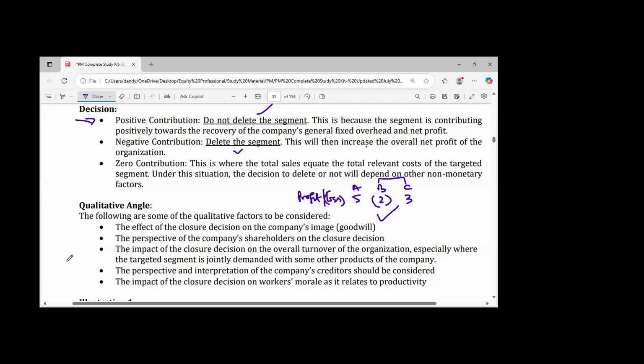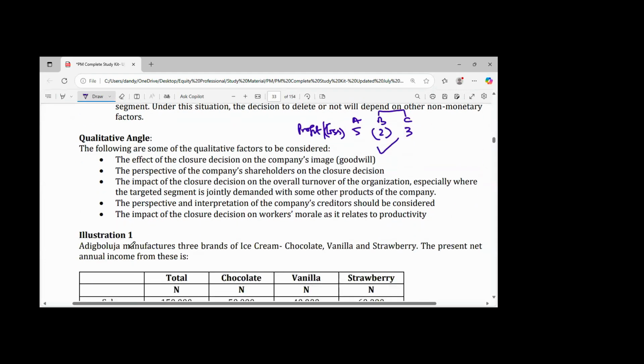Then again, instead of outright closure of this segment, is it possible to switch the resources that the company normally uses on the affected segment to producing a venture that is more profitable? For example, on this product B, there are people already operating on product B. There are machines, there is equipment.